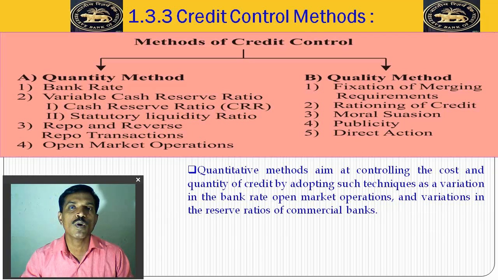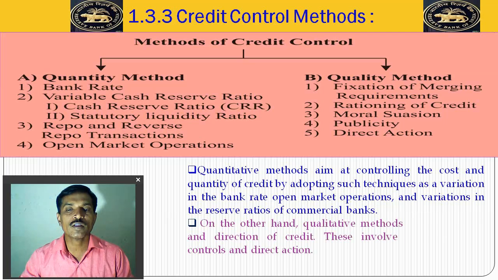On the other hand, the other method is the qualitative method, which controls the direction of credit. This involves selective credit control and direction. This qualitative method is used to give direction to the money supply in the economy, for which purposes money is used and for which purposes it is not used.